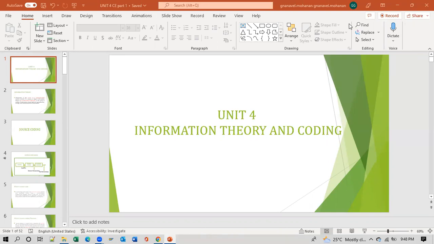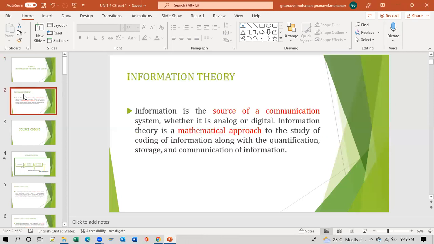Let us see what is information theory. Information is the source of a communication system, whether it is analog or digital. Information theory is a mathematical approach to the study of coding of information, along with the quantification, storage, and communication of information.